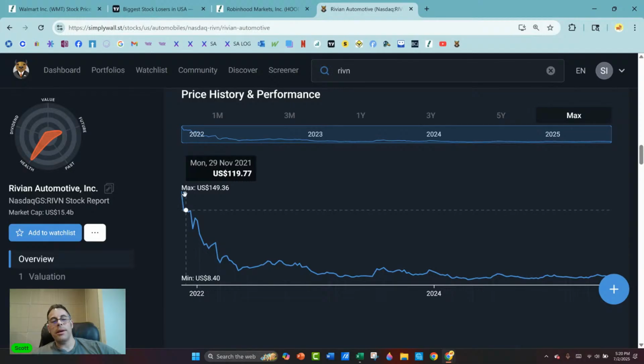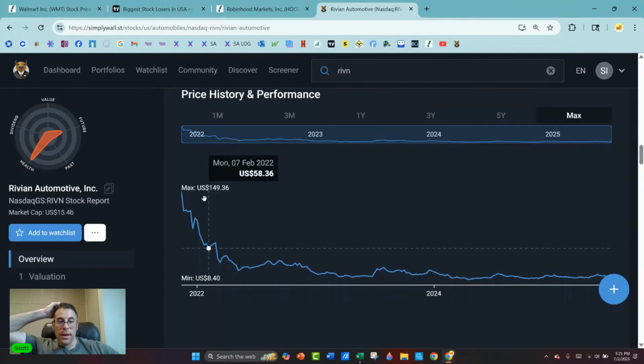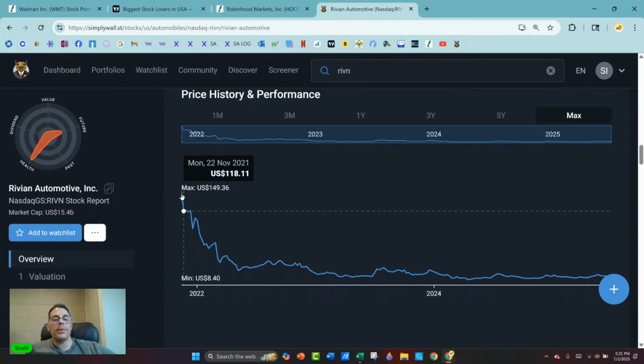See, the problem is, if you short it, unless you shorted it at the peak, because you can't wait years when you short it, you kind of have to do it within at least 3 months. So November 2021 was the peak at almost 150, pretty much right at IPO. In November 2021, so 6 months after IPO, it's down over 90%.